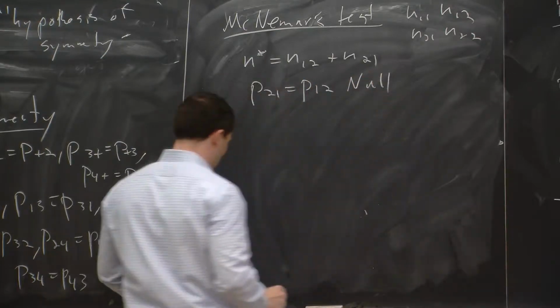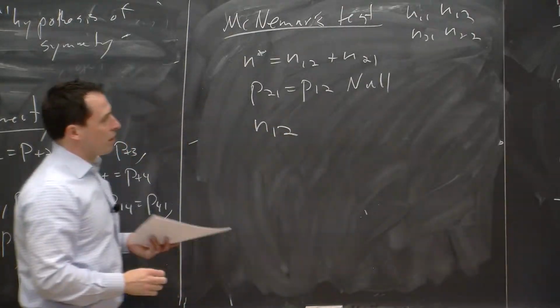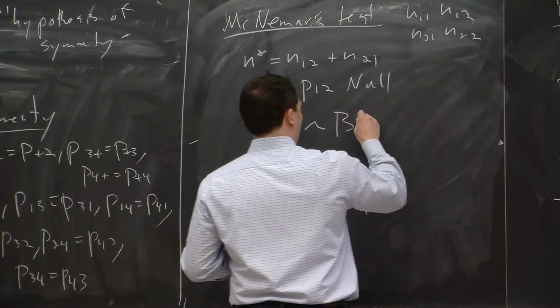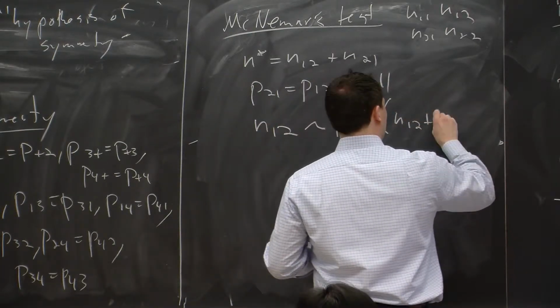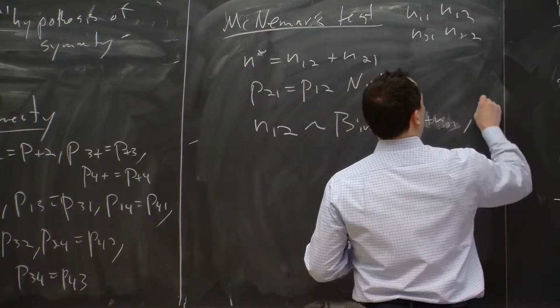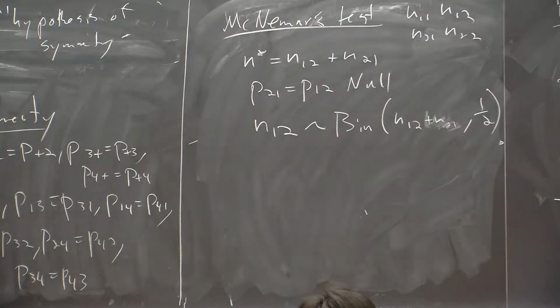And under the null, this is just a binomial. So N12 or N21 are distributed binomial, with N12 plus N21 trials, and 1/2 as its parameter. That's what it means for them to be equal. In other words, it's just as likely that they went back and forth between those two categories.